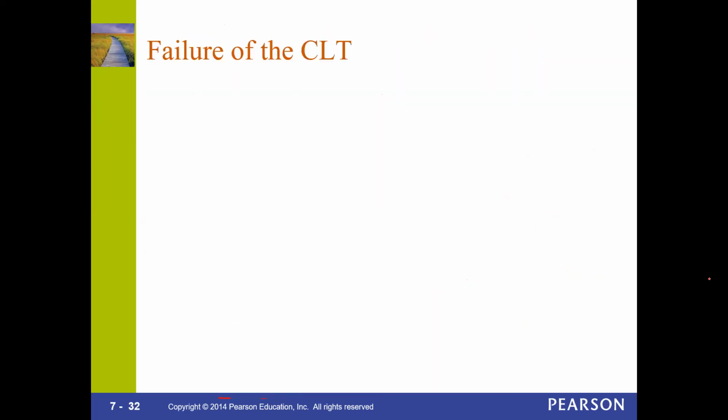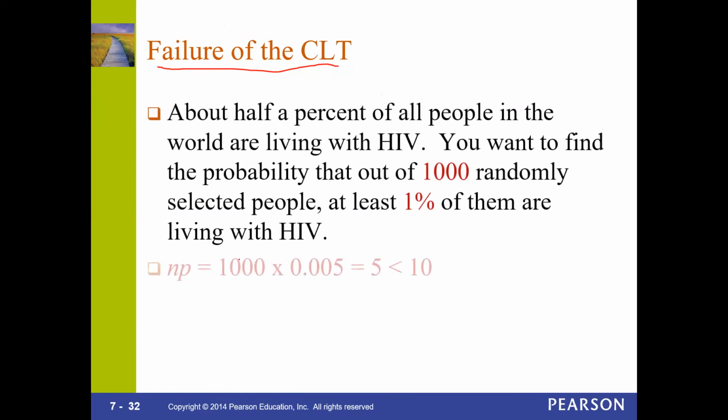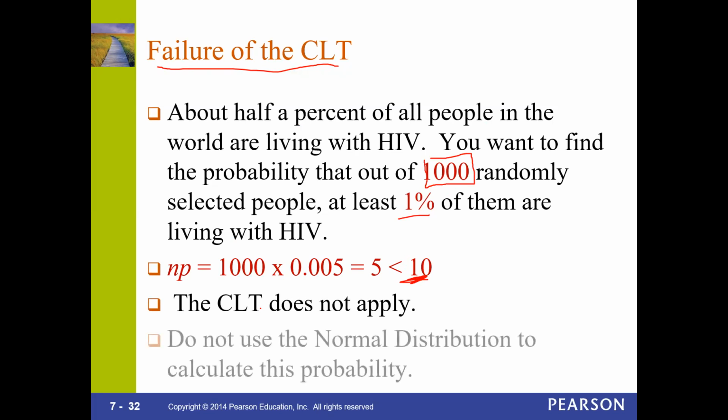Now, one of the times we're not going to be able to use the central limit theorem, which we talked about earlier, is if your number is less than 10, okay? Like for example, in this case, you have a large sample size, but that number gives you 5, which is less than 10. Remember that magic number 10, we don't want to be less than 10. That's a big no-no, you cannot use the formula. And this also applies for n times 1 minus p as well.